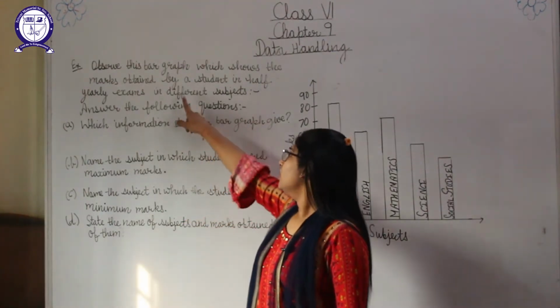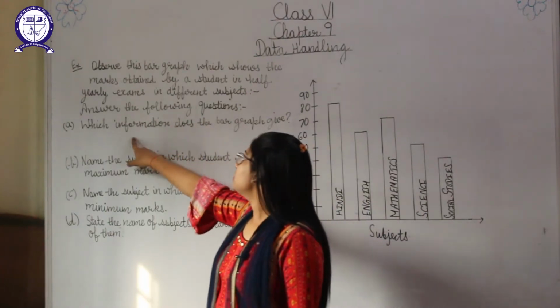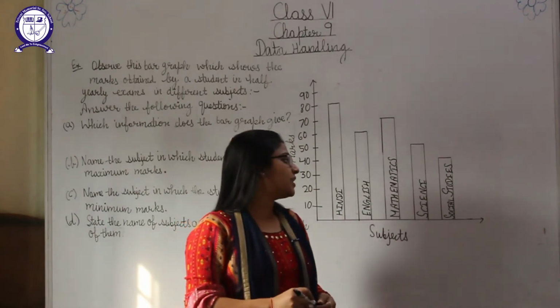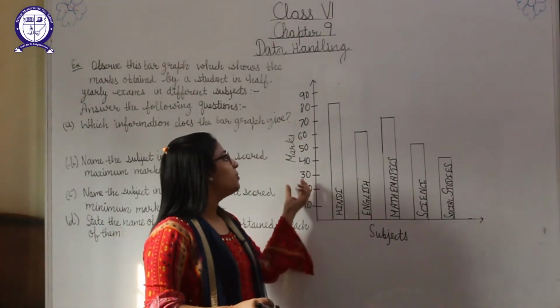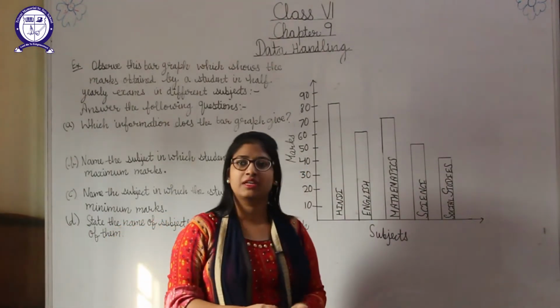Now, we have to observe this bar graph and answer the following questions. Which information does the bar graph give? So, what is the information this bar graph is giving? This bar graph is giving the information of the marks a student scored in the half yearly exam.